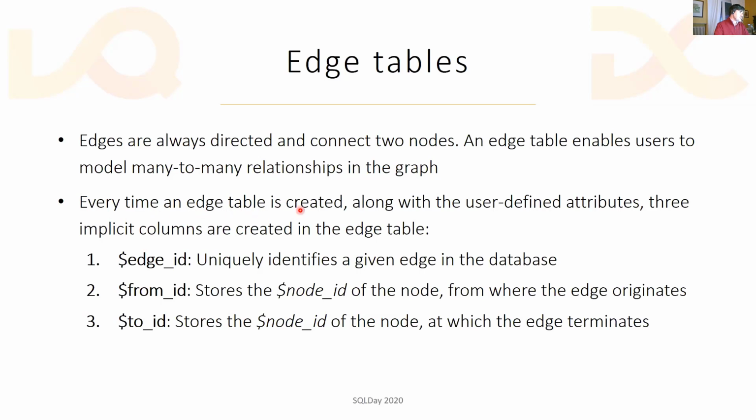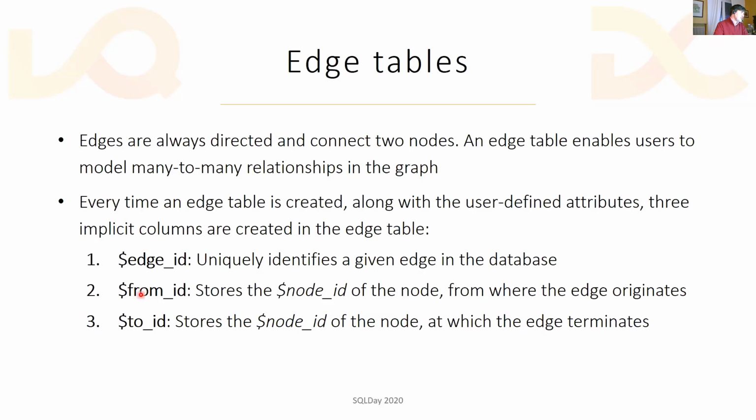Every time an edge table is created, we have three internal columns created. The edge ID, the unique ID for the given edge in the database, and two columns, the from ID and the to ID. Here it stores the node ID, the starting point node ID, so the ID column we saw in the previous slide, the ID column from the node, and this is the starting node for the relationship, and this is the ending node for the relationship.